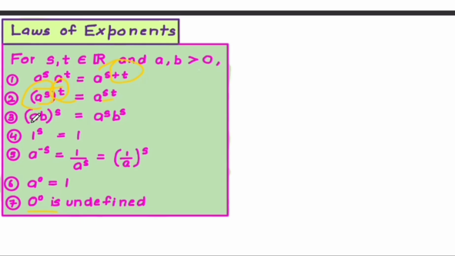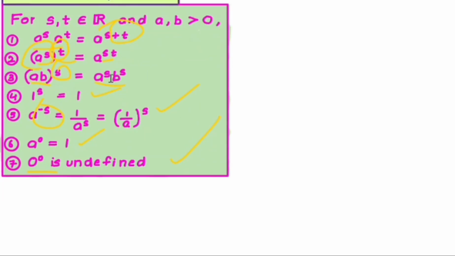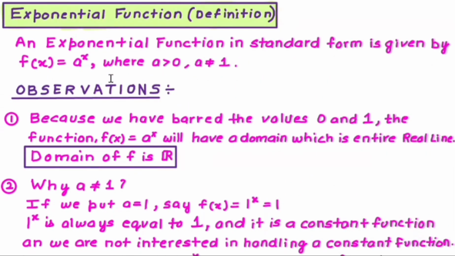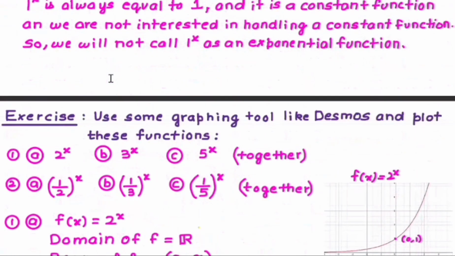Similarly, if two numbers are multiplied and the product has a power, that power will be given to both the numbers, and 1 raised to the power of anything will give you 1. If your power is negative, it can be written in this form. Then base raised to power 0 will give you 1, and 0 raised to power 0 is undefined. This we have studied in limits in class 11th. So this is the definition.